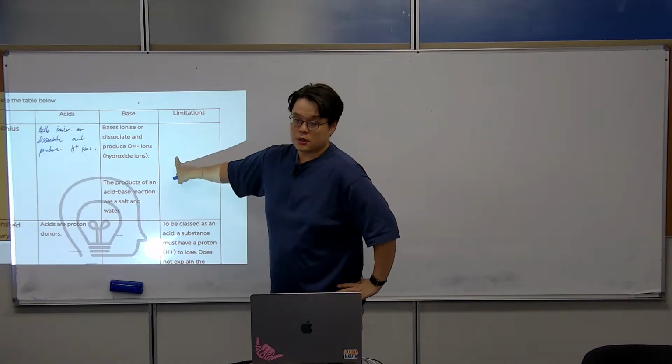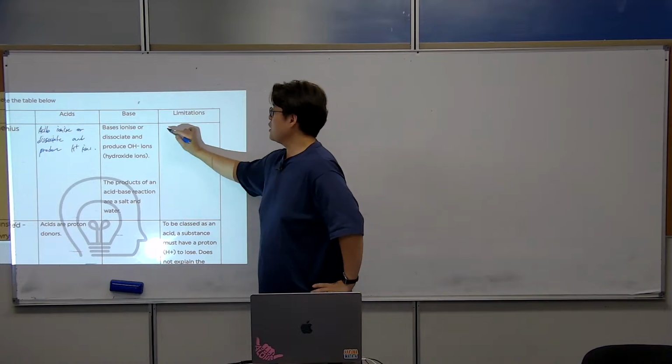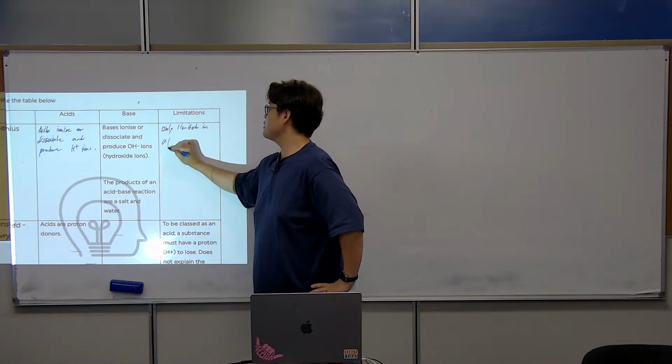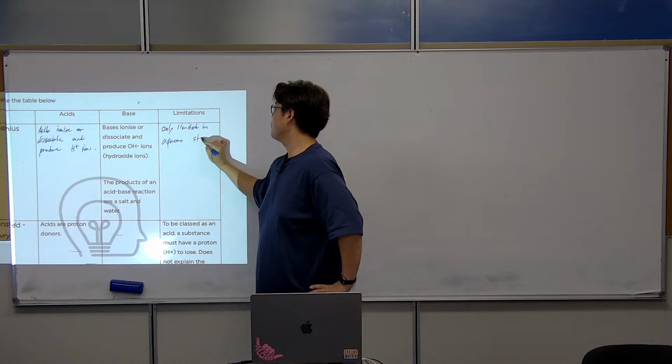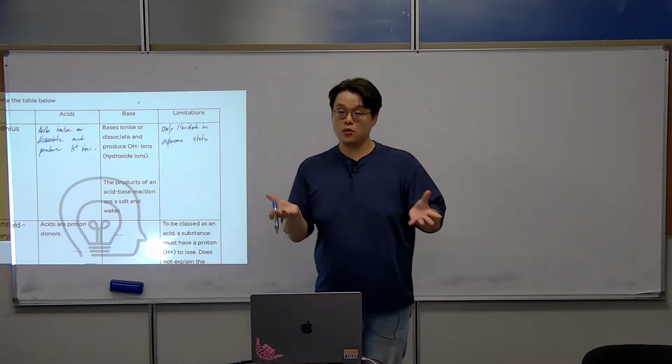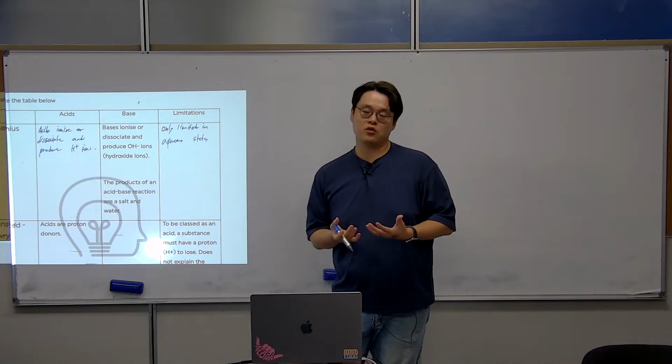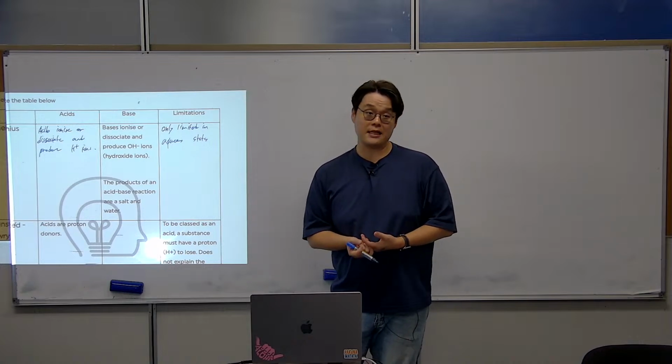A limitation of Arrhenius is that it's only limited to the aqueous state, which means solutions. Maybe some solids, but it couldn't explain the gaseous state working as an acid and base either.